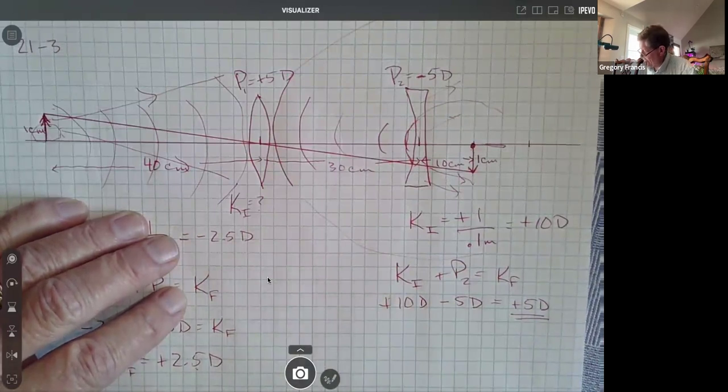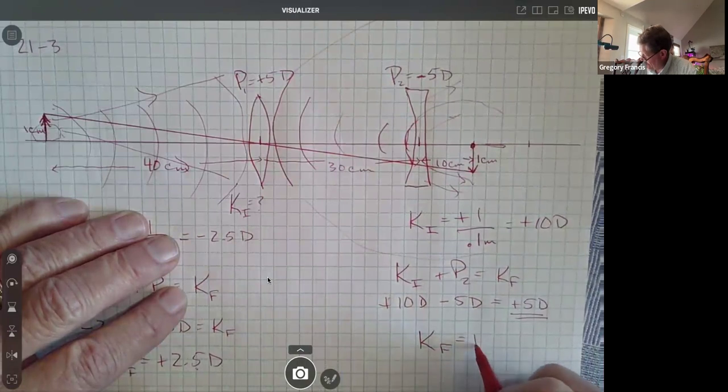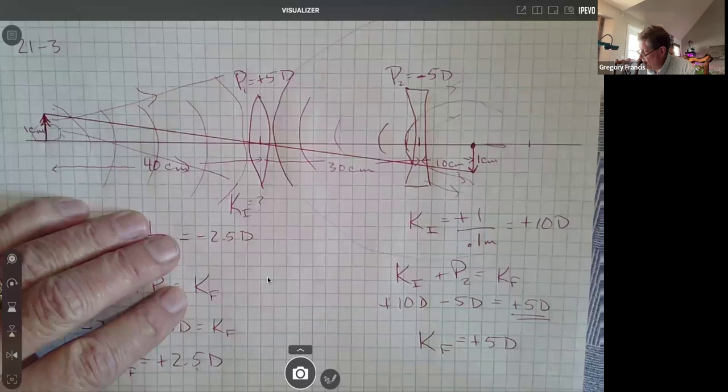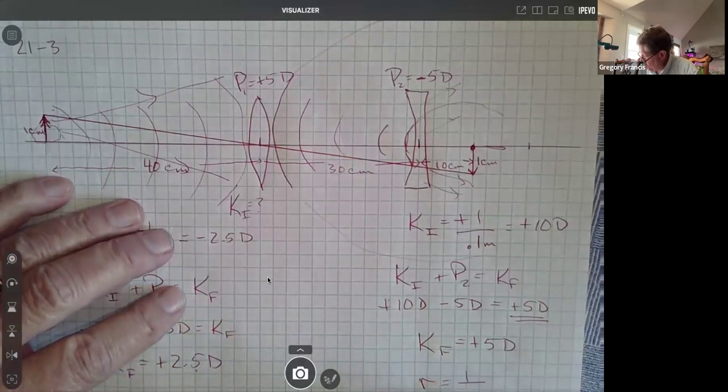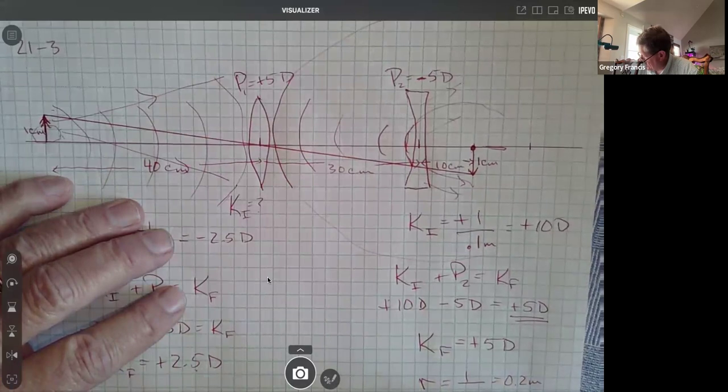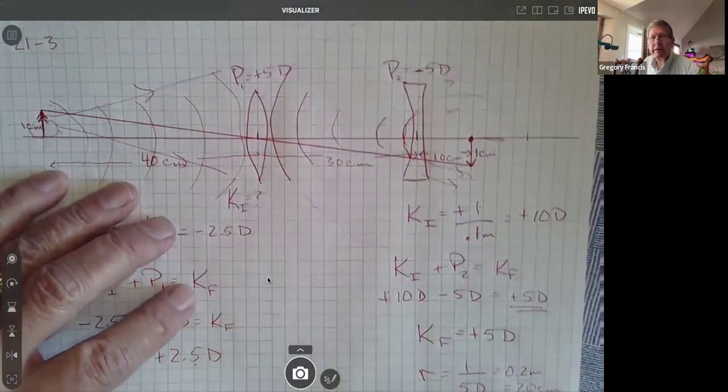Well, I know that a final curvature of positive 5 diopters has a radius of 1 over 5 diopters, or 0.2 meters, or 20 centimeters.